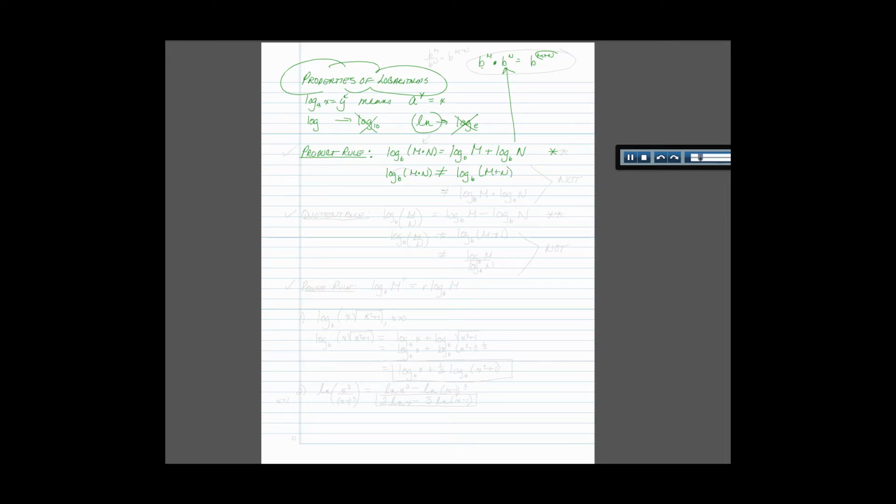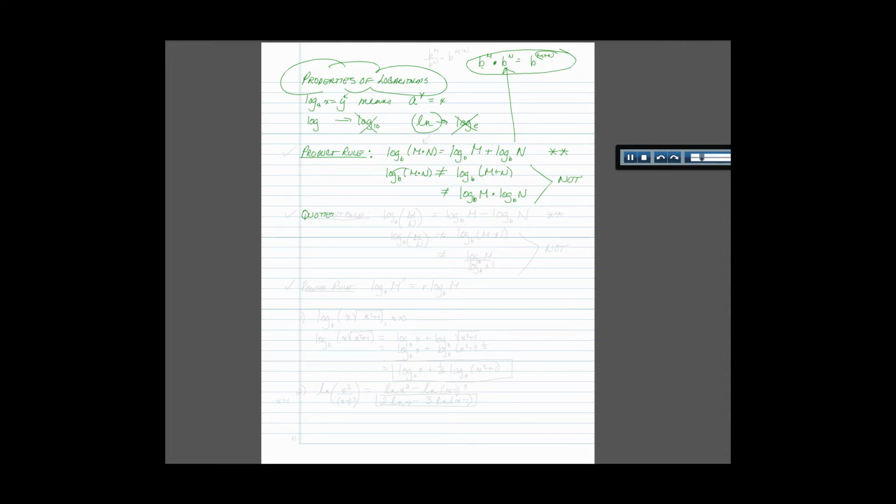It is also not equal to log base b of m times log base b of n. You're not distributing that. It's related to your exponential product rule. So don't get confused. These two are what it is not, but this is what it is. I'm not trying to confuse you, but I might as well point out what some people are going to do to begin with, so maybe you won't do that and you can avoid that mistake.